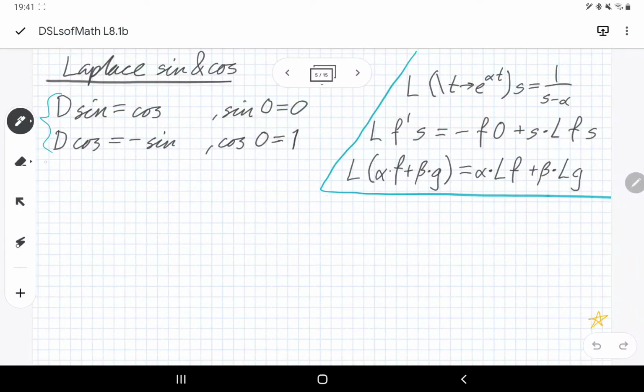So this is the Laplace of sine prime at s is equal to minus sine of 0 plus s times Laplace of sine at s, and the Laplace of cosine prime at s is minus cosine at 0 plus s times L of cosine at s.